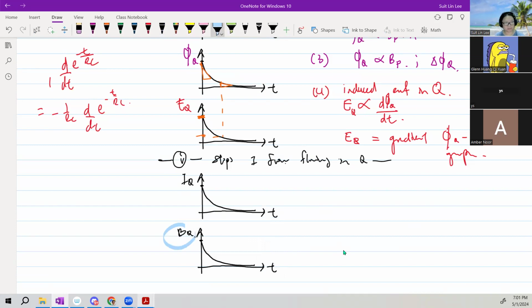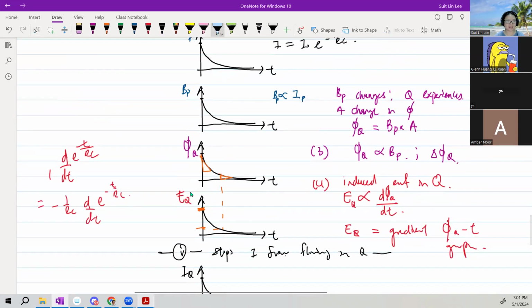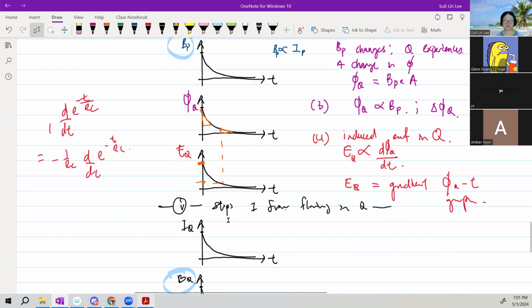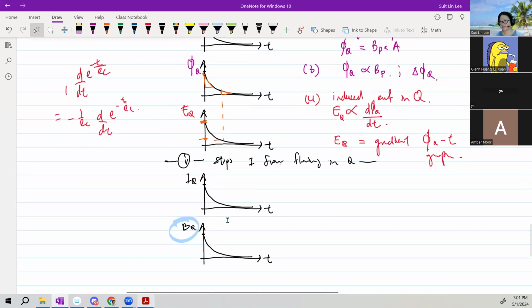Then this BQ and this BP will now start to have a conversation, and the force will be a repelling one.